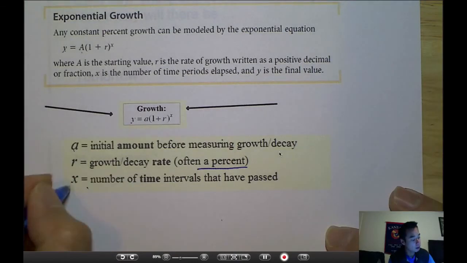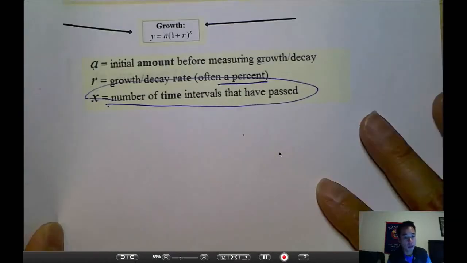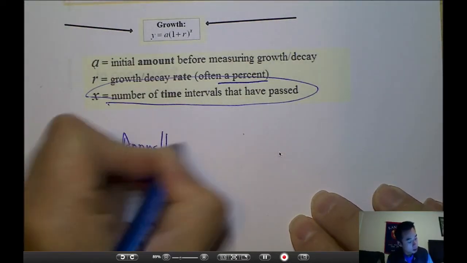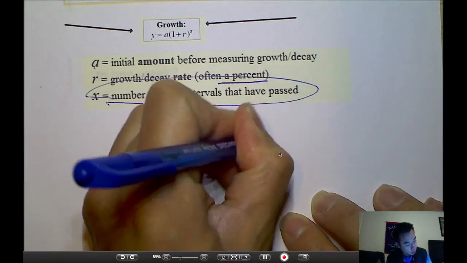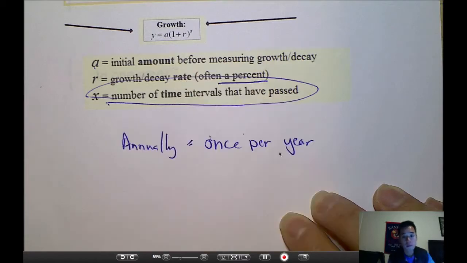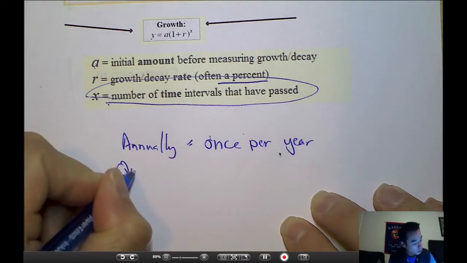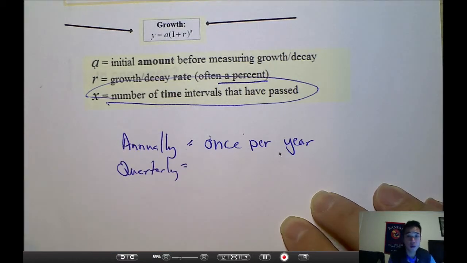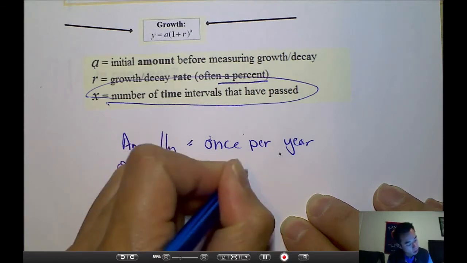So now let's talk about the time intervals. Some common words that you will see will be annually, which just means once per year. We have quarterly, which means if you split the 12 months in a year into quarters, you'll have every 3 months.